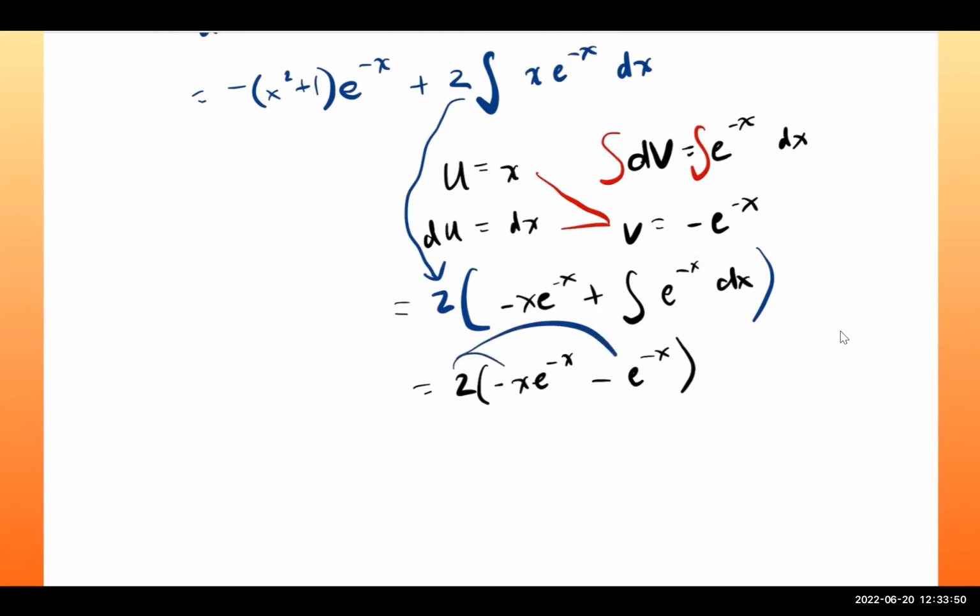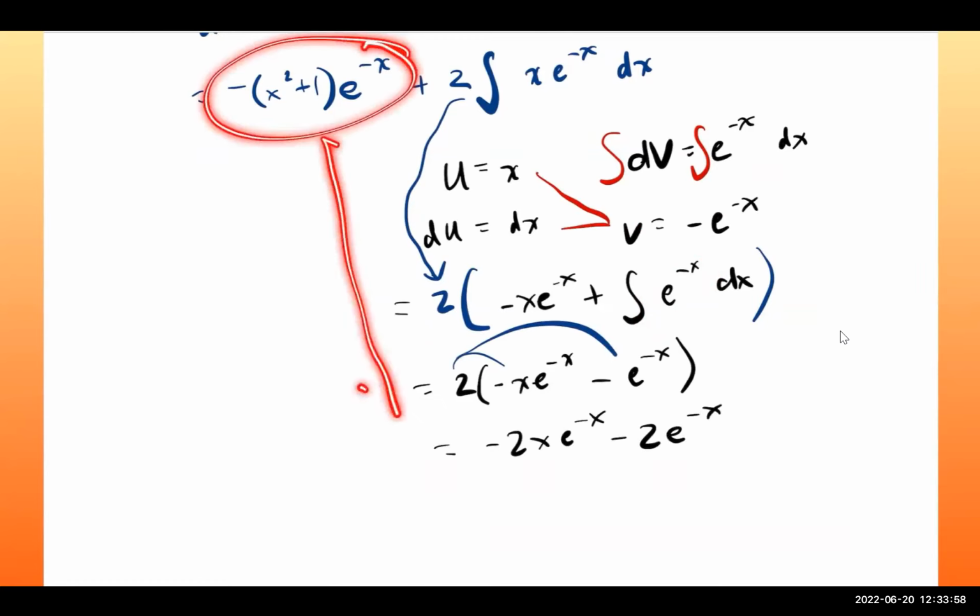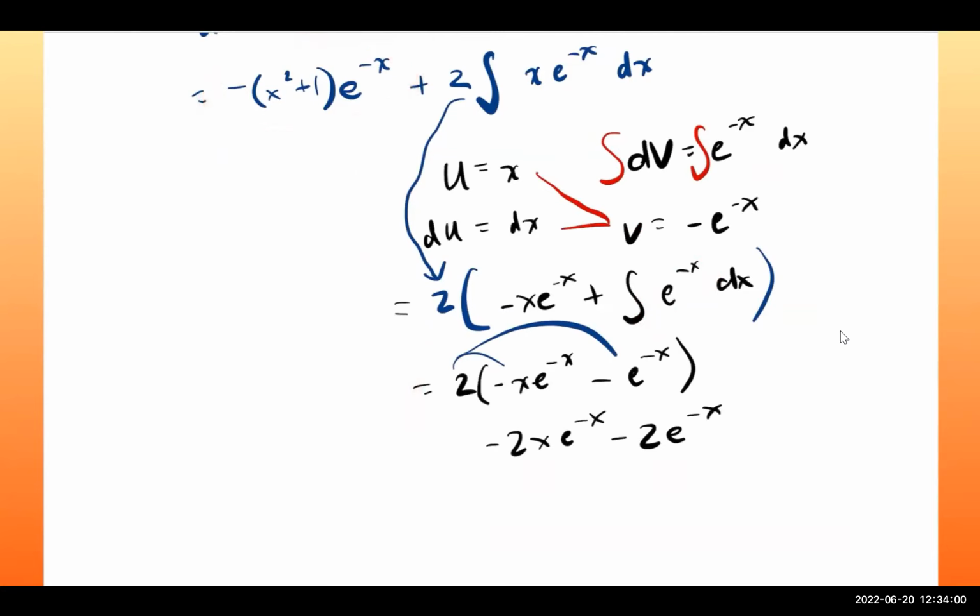End of story there. Distribute. We're going to get negative 2x e to the negative x minus 2e to the negative x. Finally, don't forget to bring that down. So let's bring all that down. So that's going to be negative x squared plus 1 e to the negative x.